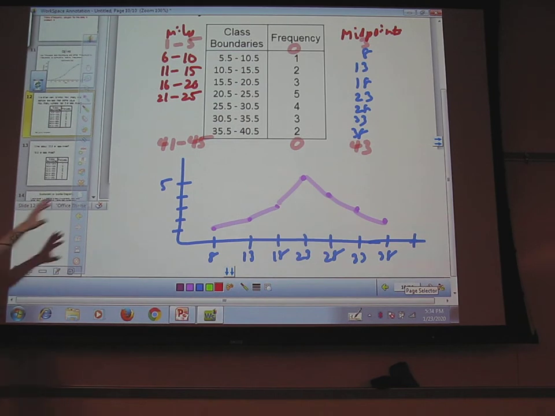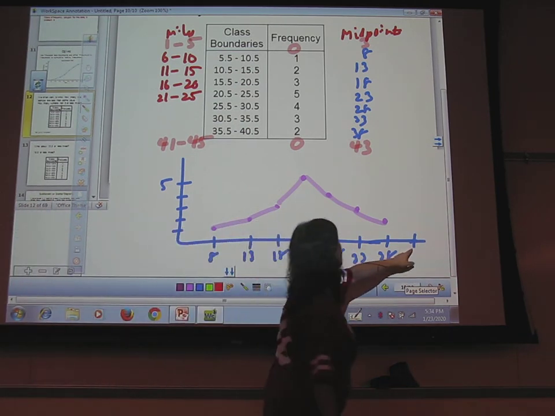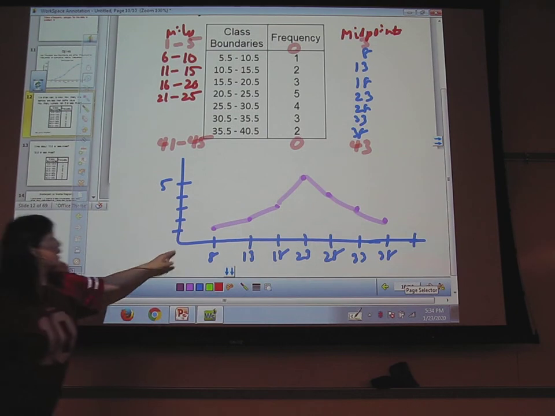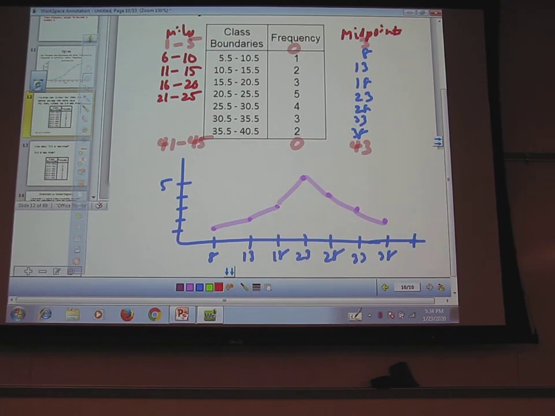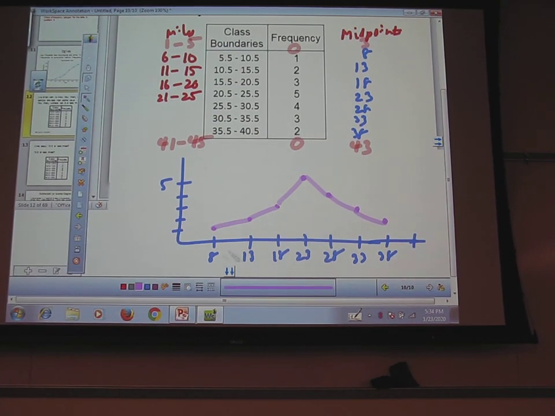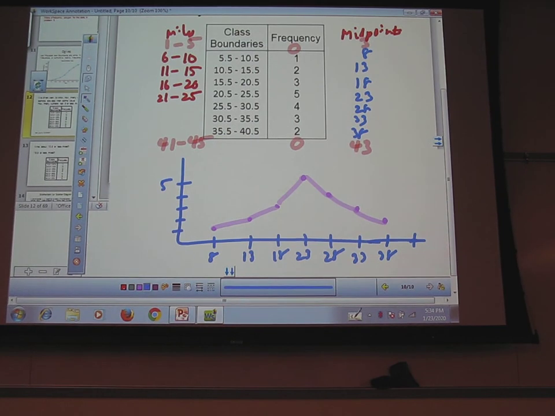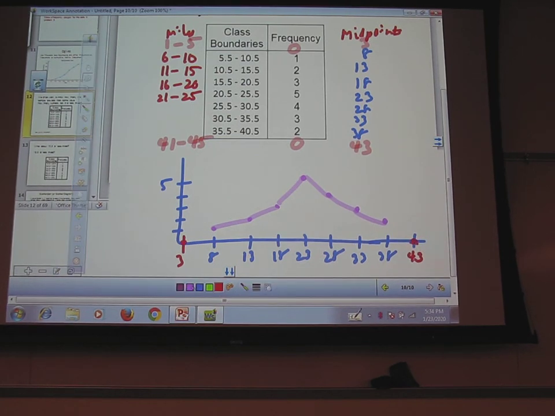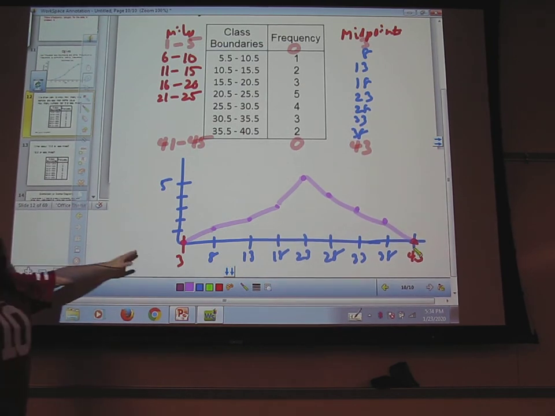So now I've made 2 extra classes, one at the end at 43, one at the beginning at 3. And then I can finish this thing out so it's what we call anchored. So this is called anchoring it at the end or the beginning.